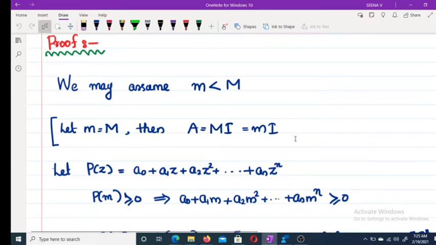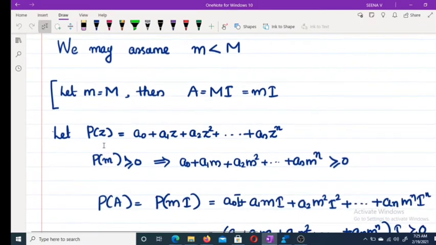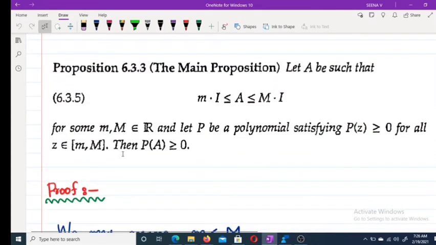So if we take P of z as a polynomial of degree n, then by this condition P of z is greater than or equal to 0 for all z in the interval, so clearly P of m is also greater than or equal to 0.